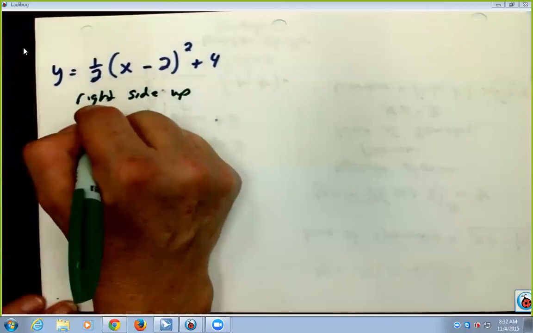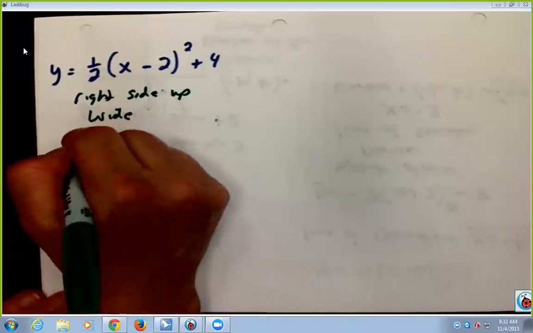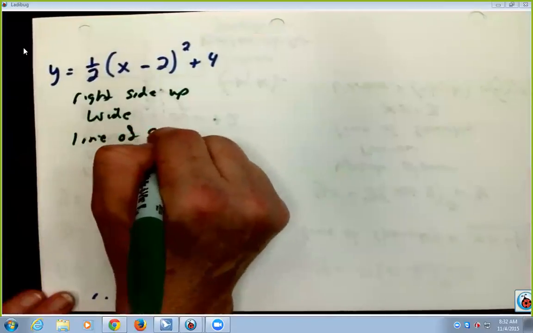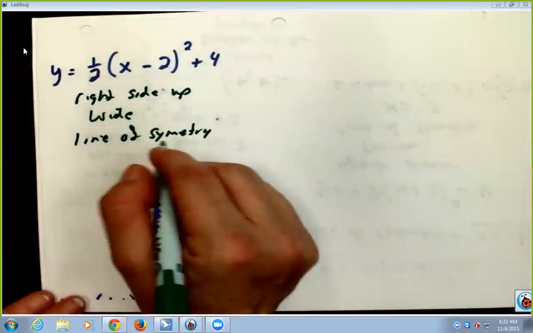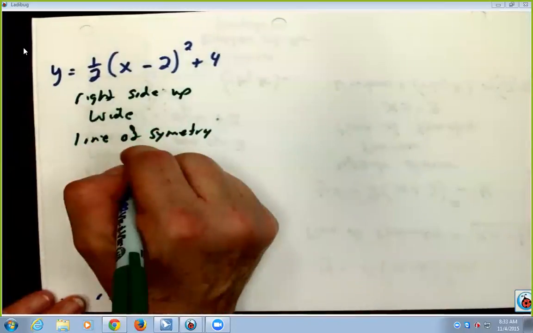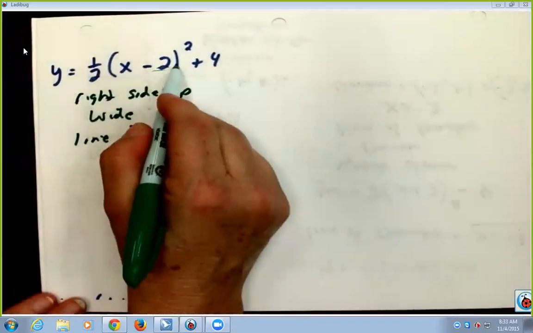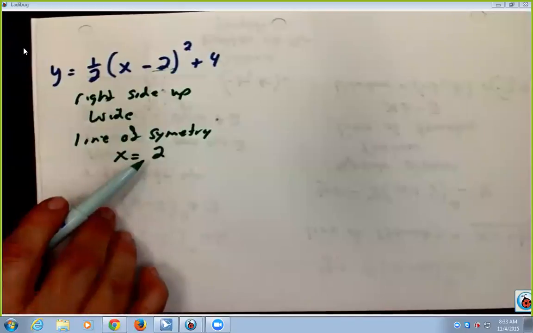Yeah, so it's wide. So then what do we know about its line of symmetry? Line of symmetry is x equals 2. So from H, that's H, so I can end up taking that and getting 2 in there.